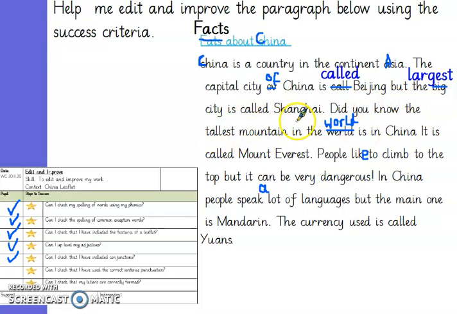Did you know the tallest mountain in the world is in China? What goes here? It's not a full stop. It's a question mark, isn't it? Because we know sentences that start with did you know are questions. Okay, great.